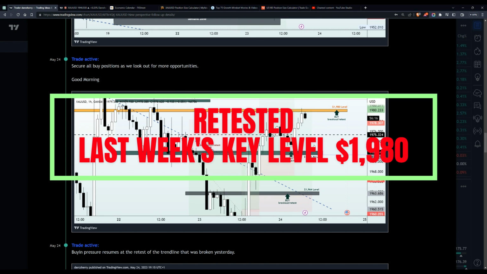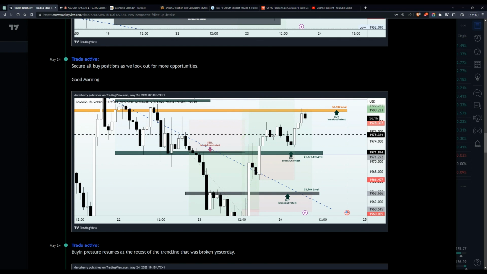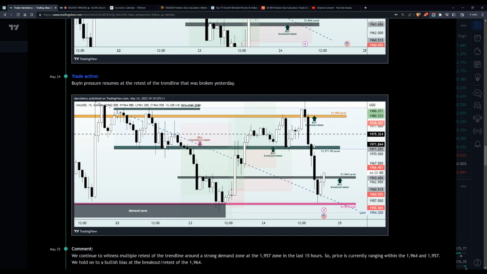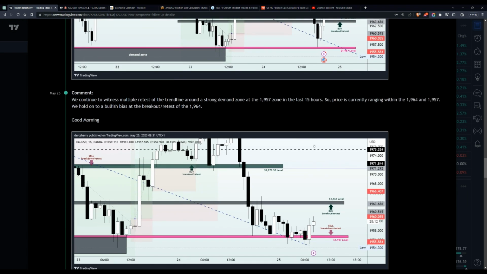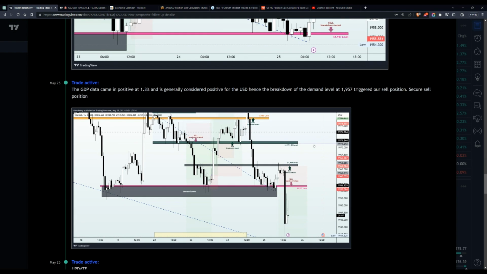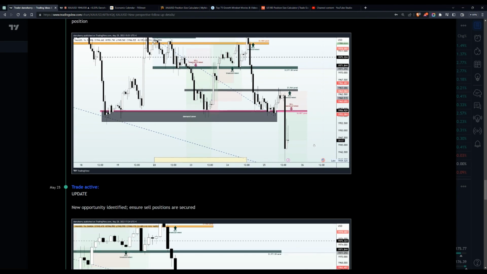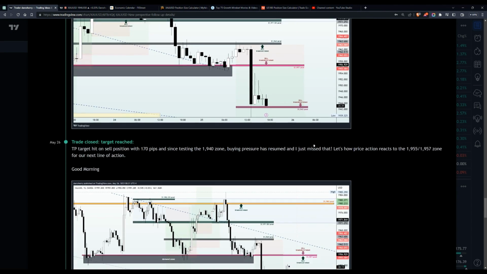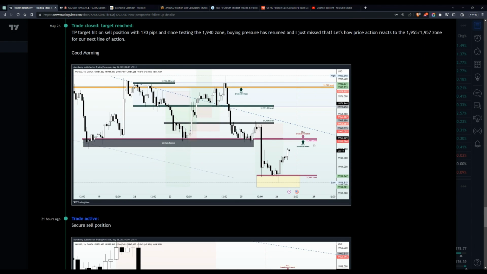And this was a very good sign that sellers are strong around that area, and we saw how price action dropped to the downside. We also had the privilege of adding more sell positions at the breakdown of that demand zone, so it was quite a profitable week for us on the XAUUSD.